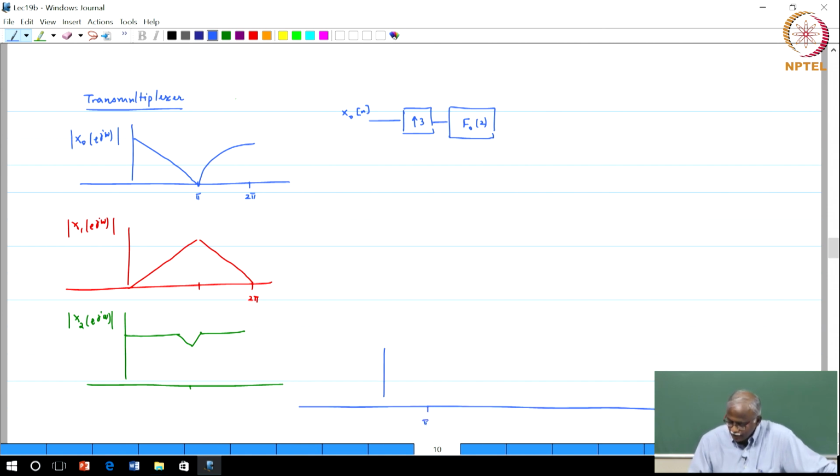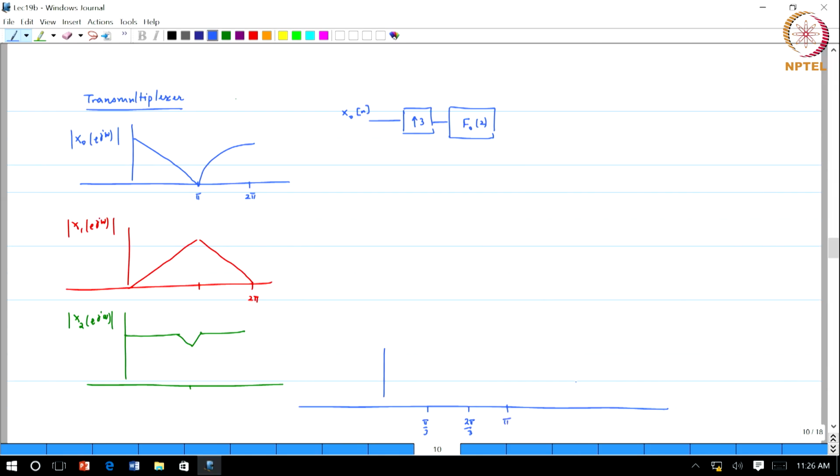This is π/3, 2π/3, π, 4π/3, 5π/3, 2π. Okay. So, the first of the filters F0(z) goes from minus π/3 to π/3.